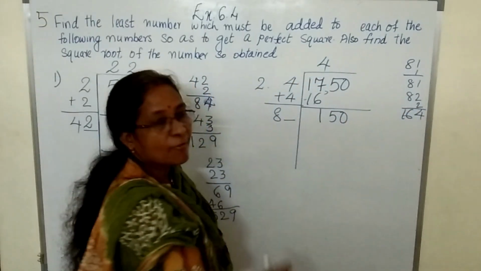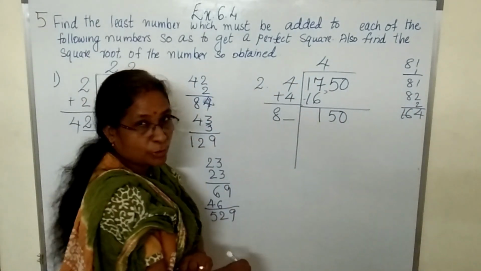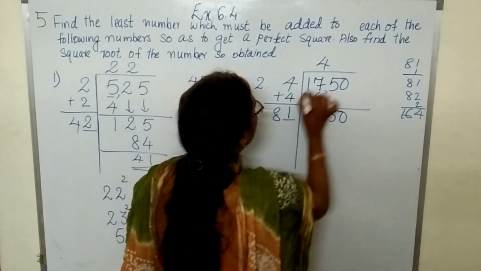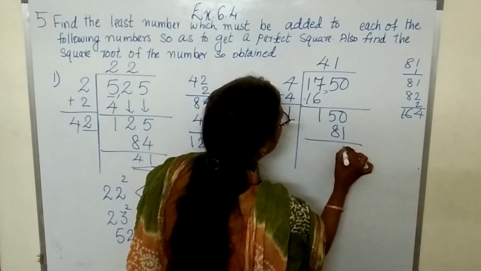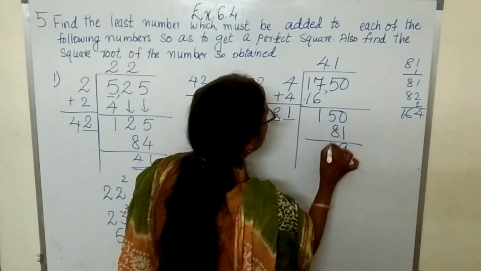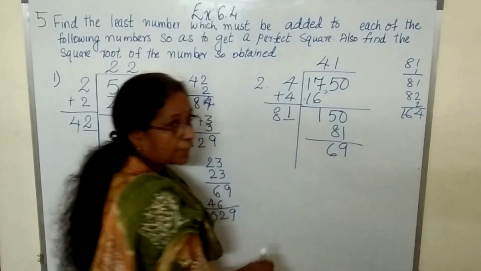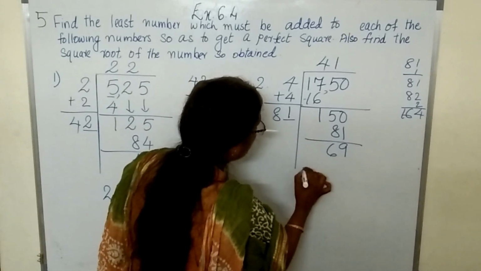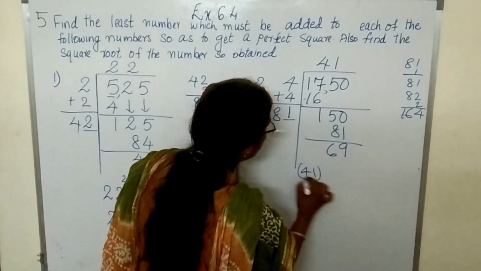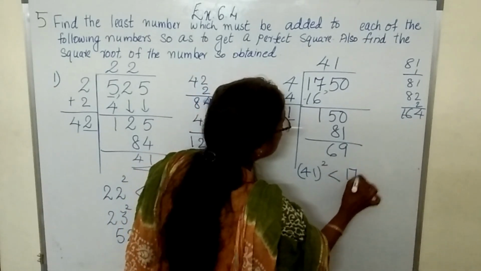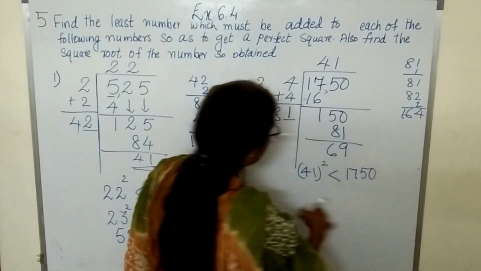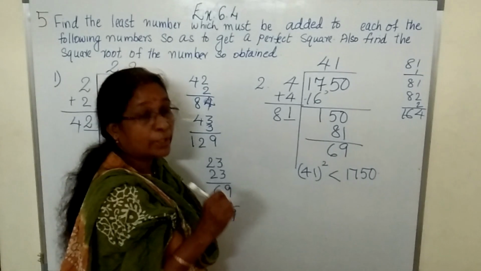We have only 150. So we cannot take 2, we can take only 1. Now that means 41 square is less than 1750. So we have to think of 42 square.